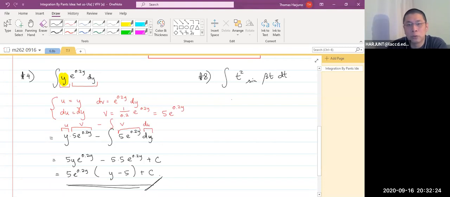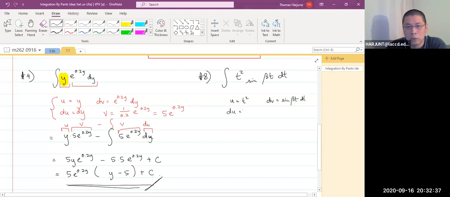I will do my u equals t squared, my dv equals sine beta t dt. So du will be 2t dt. My v will be 1 over beta times negative cosine beta t.